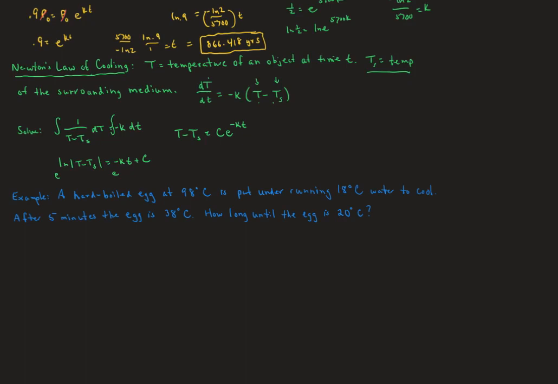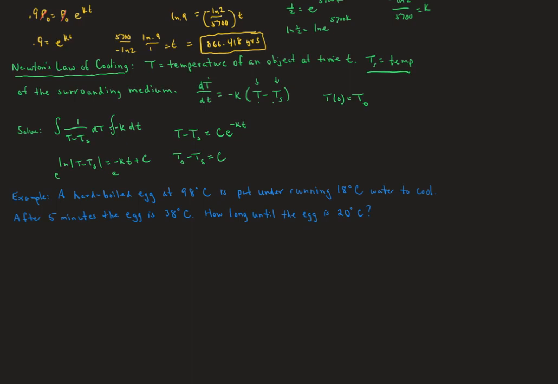I guess if we want, we could say that the temperature at time 0 is going to be T sub 0. If we put in T sub 0 for that initial temperature minus T sub s, the temperature of the surrounding medium, and put 0 in for the little t, that will tell us what the constant, the coefficient of that e, is.